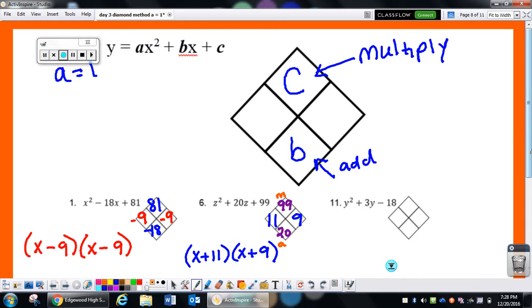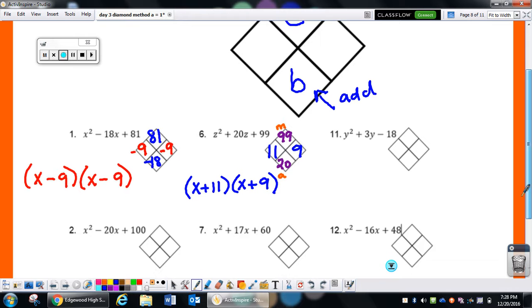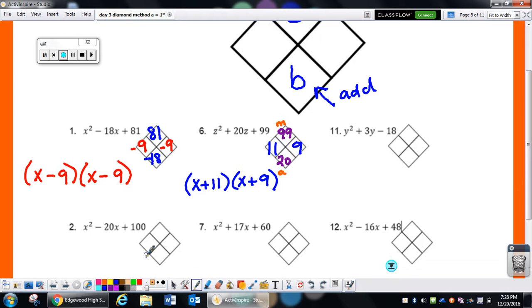Alright, let's try number 11. So we want to multiply to negative 18. So something's going to have to be negative. But we want to add to 3. So if you want to list all the factors, you have 1 and 18. You have 2 and 9. 3 and 6. And you have the combinations of positive and negative.